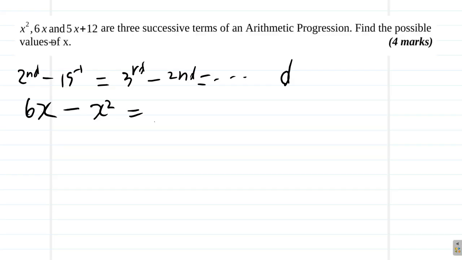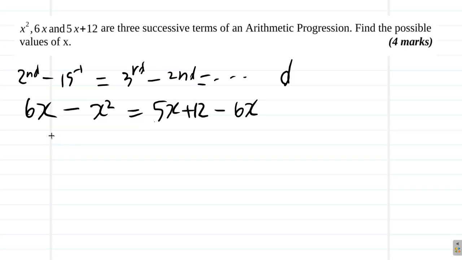So 6x is the term immediately before 5x plus 12. So let's subtract them. So the 5x plus 12 minus the term immediately before it, which is 6x. So these two things must be equal. Alright? So you see that?